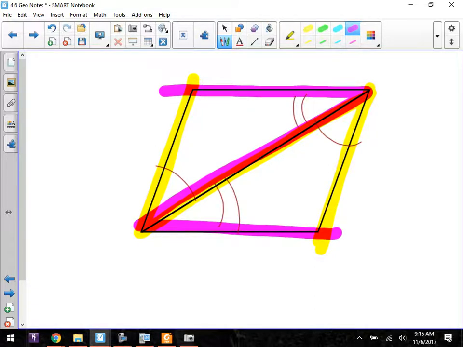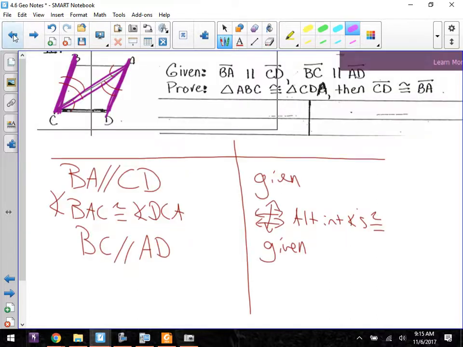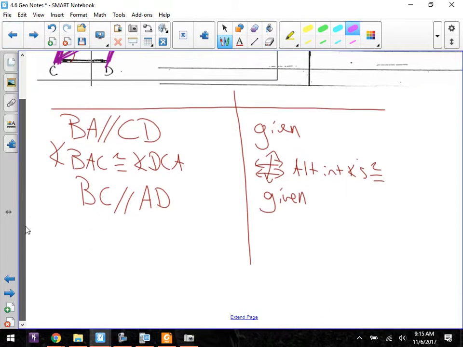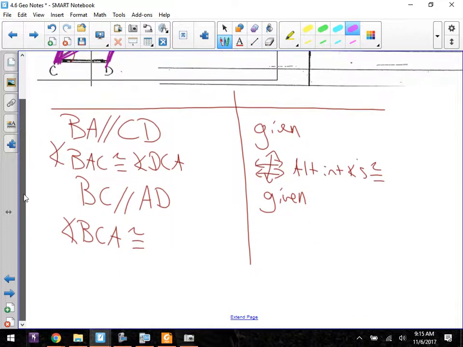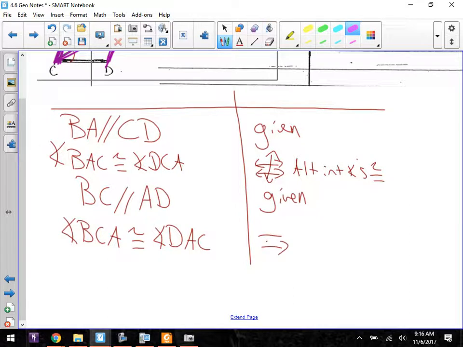It's just tough to see because that picture is kind of small. So BCA, DAC. Same reason. You get that? Okay.